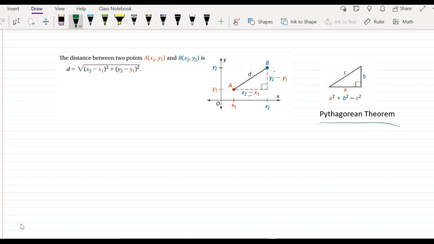So all we're doing is we're taking the square root of a squared plus b squared so that we can get our value c over here. Notice that over right here, we are finding the length of side A, and right here, we are finding the length of side B.